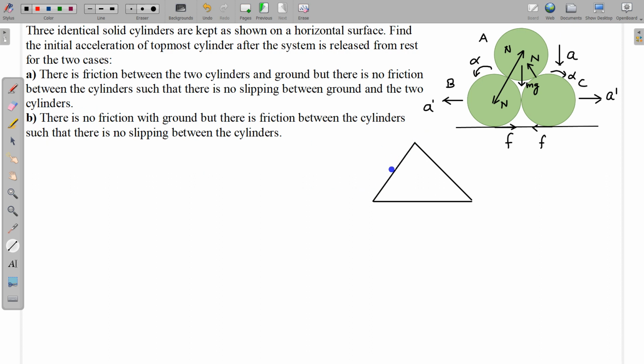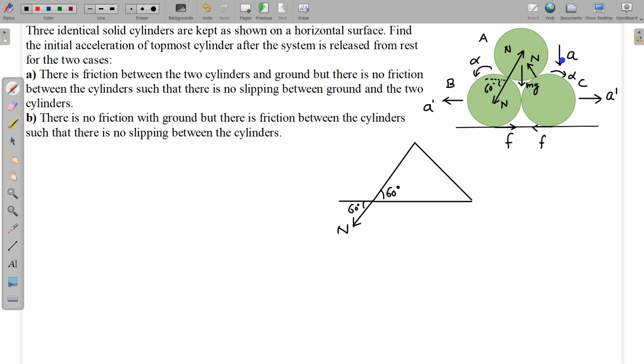So this is your normal reaction. One normal reaction on this B will be like this. This normal reaction is making an angle 60 degree with the horizontal. So this is horizontal and this angle is obviously 60 degree. So normal reaction in this diagram will be at an angle 60 degree with the horizontal. So this is the geometry involved.